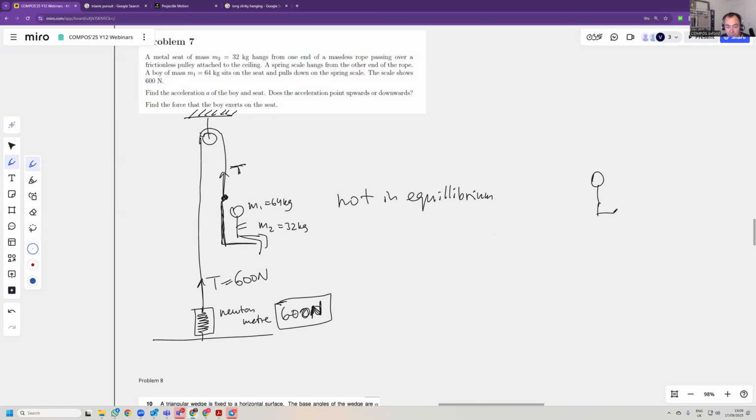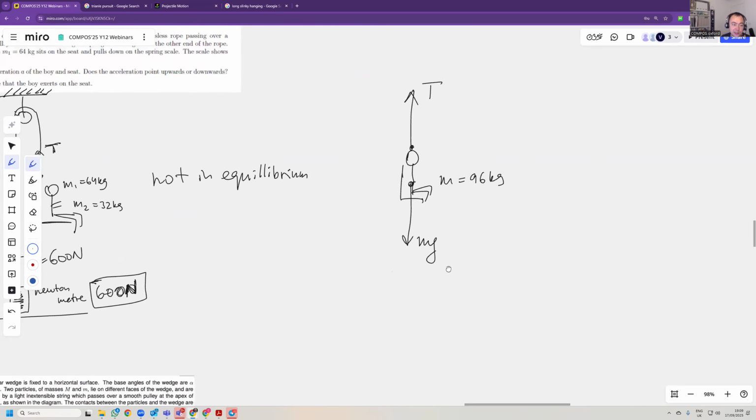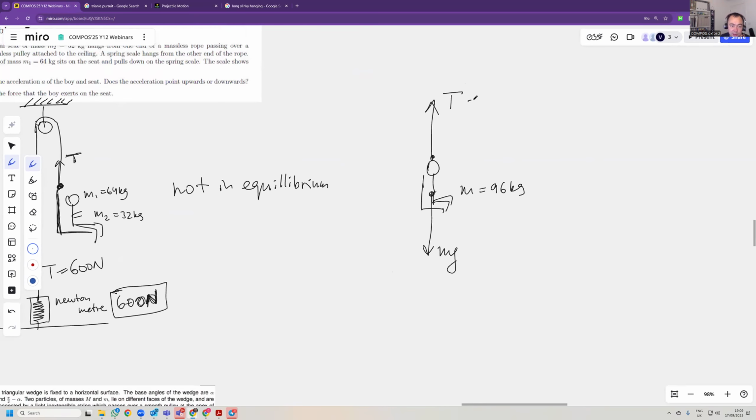So we have the boy and the chair, a total mass of 96 kilograms. There's a tension in the rope, and there's the mg. We don't know which way the acceleration is, but we know that tension is 600 newtons, and mg is 960 newtons because it's 96 kilograms.